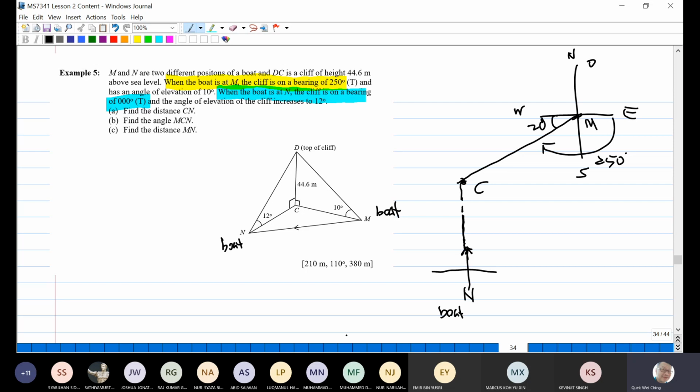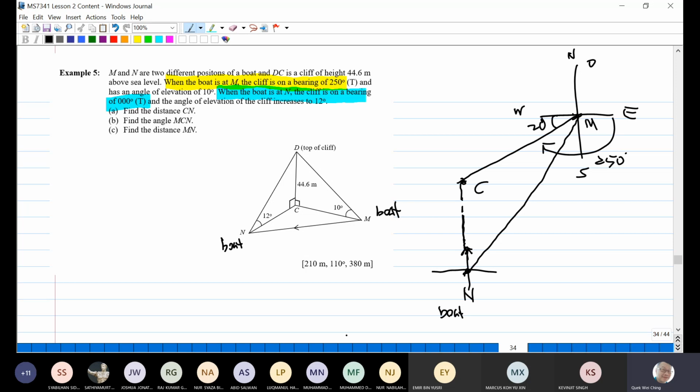So you can join the diagram from here to here, join together. This is about bearing.